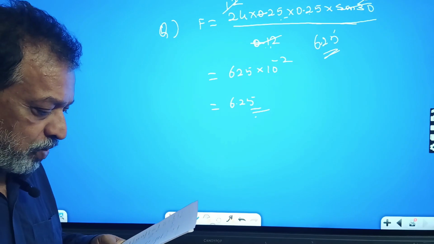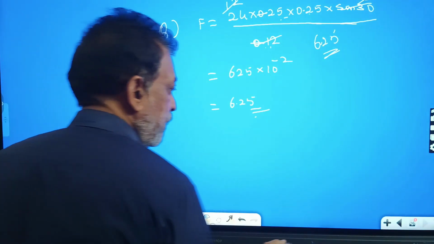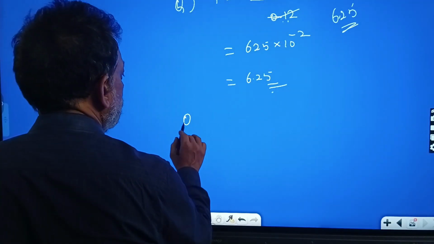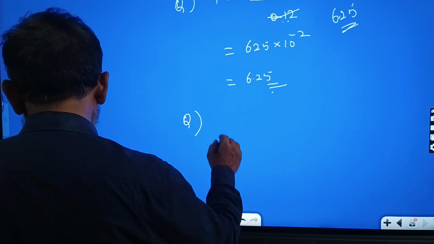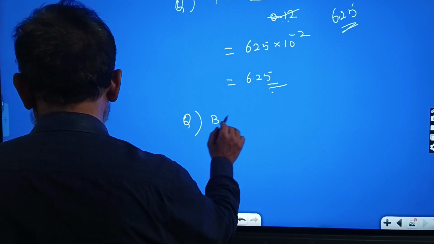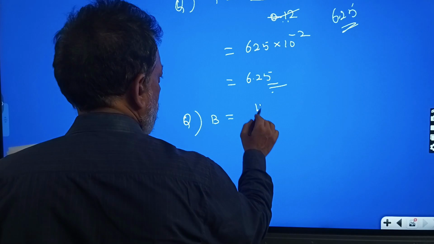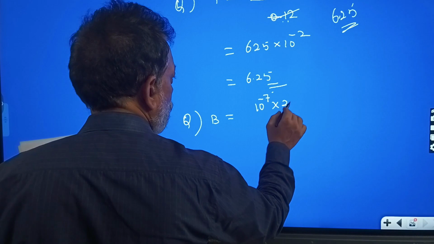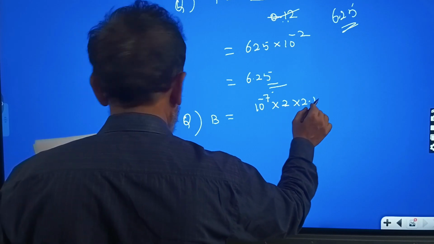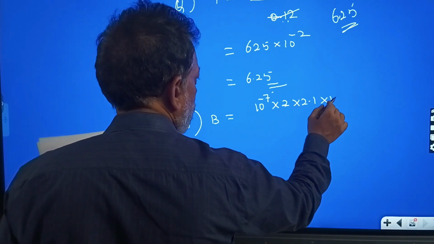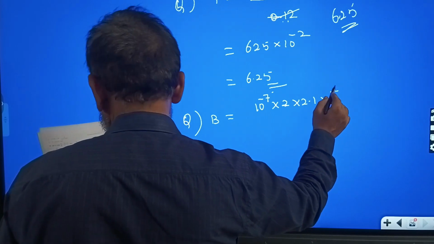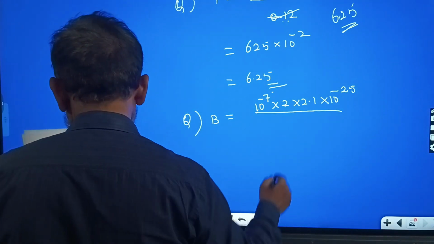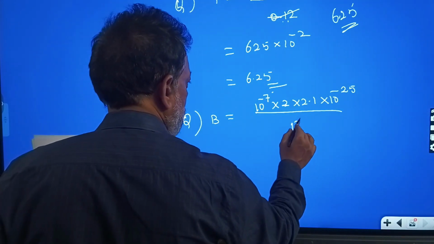See this one. Now, suppose B is equal to, they are given B is equal to 10 to the power of minus 7 into 2 into 2.1 into 10 to the power of minus 25 divided by 10 to the power of minus 3 whole cube.